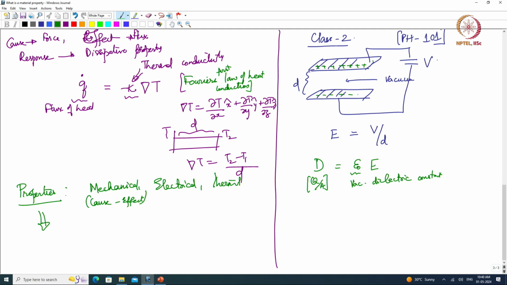Even if I have no material, only vacuum, the charge I am putting on the parallel plates is given as D equal to epsilon naught E.